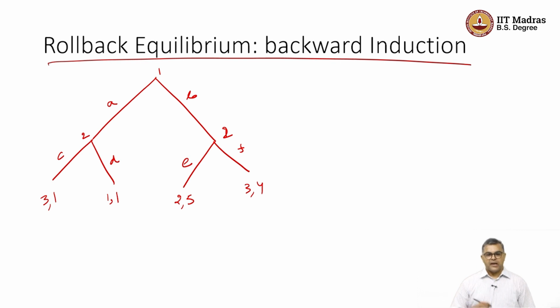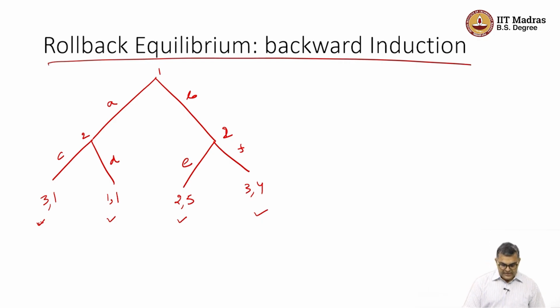So, how do we solve such a game using backward induction? We have to move to the terminal nodes. How many terminal nodes are there? 1, 2, 3, 4. These are the 4 terminal nodes.